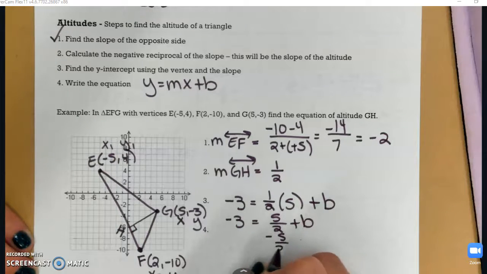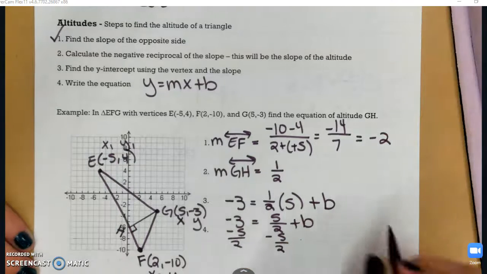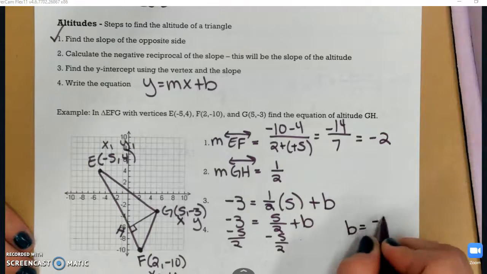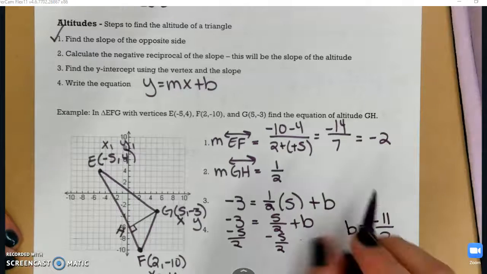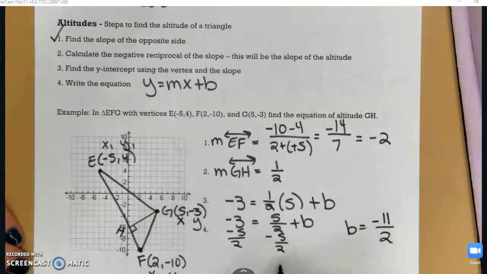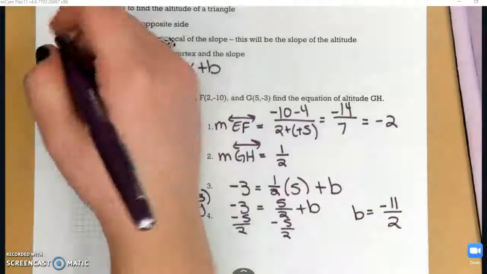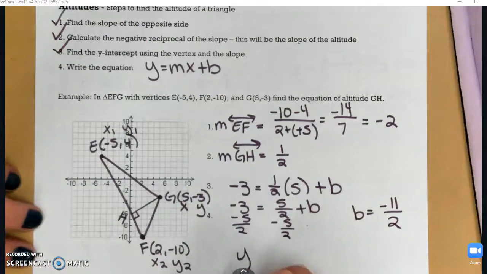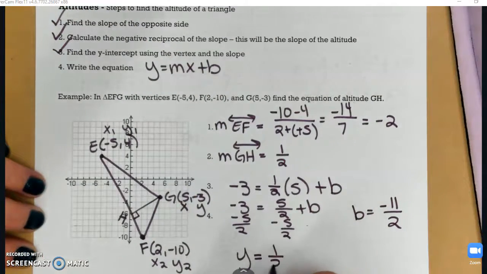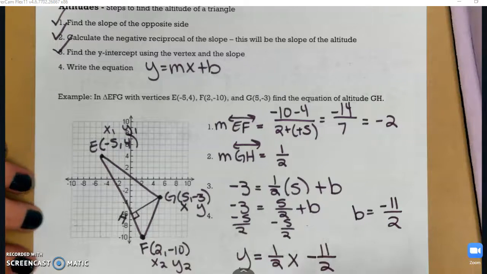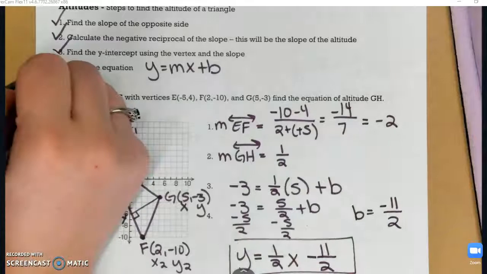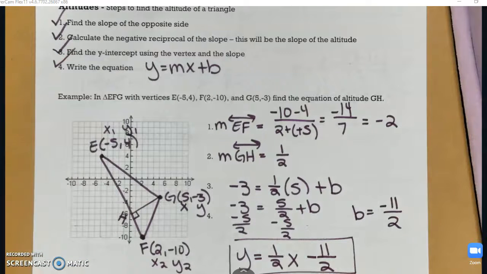I subtract 5 over 2 on both sides, and I get that b is equal to negative 11 over 2. So now that I have m and I have b, I can write the equation of my line. We've done steps 3 and 4. So y is equal to 1/2 x minus 11 over 2. Or you could say 0.5 and negative 5.5. Either way, we get the same equation, and that is our altitude.